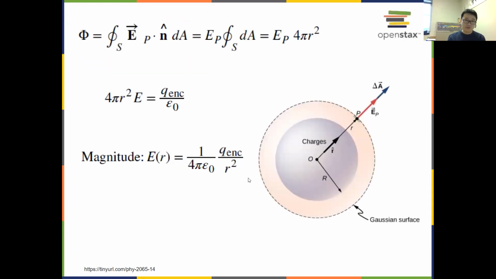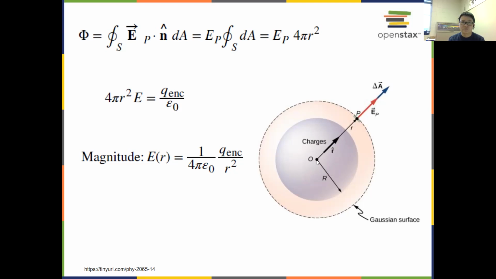Looking at this example first, a quick one. If you have a charged particle at the center, with all the charges on this sphere, and you want to look for the electric field at this point. Now this time it's not necessarily a point charge, but it could be a charge distribution.